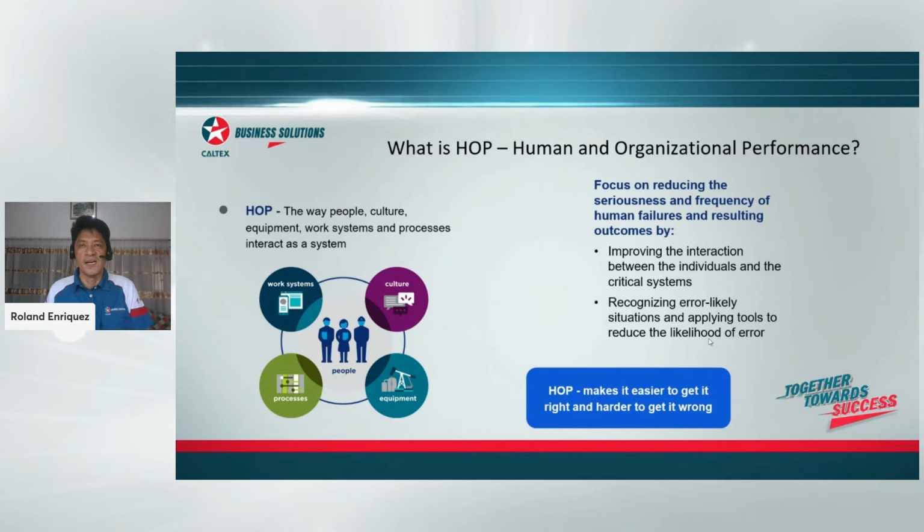This is a complete shift compared to before, when we designed systems hoping that people were perfect and would do the job accurately, efficiently, 100% of the time. So the objective is to make it easier for our employees, for everybody, to get it right and harder to get it wrong.